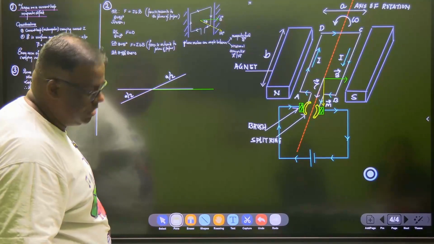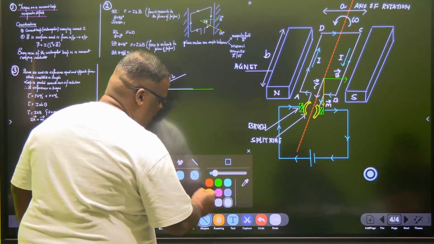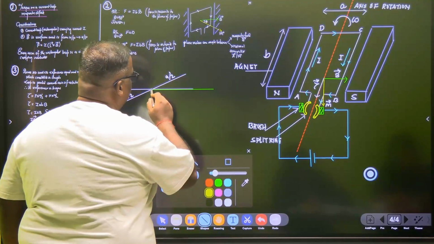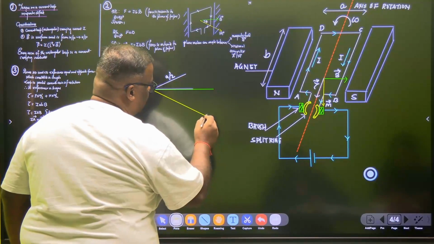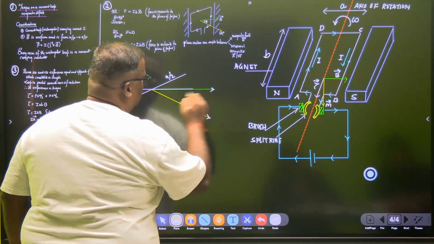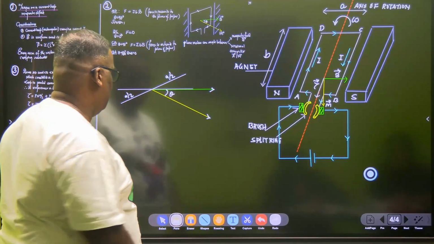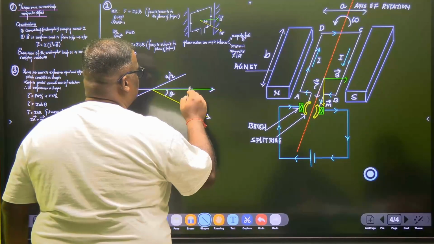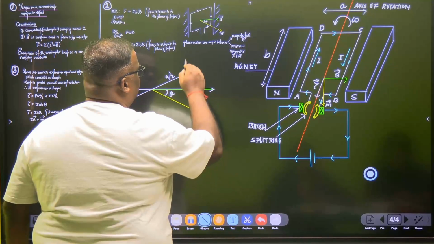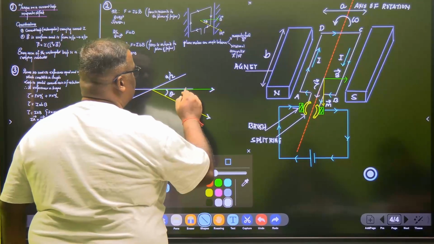It has shifted, and then I have my M vector in this direction. So this angle is theta. Our job is now to see the forces. The forces will now be applicable like this.